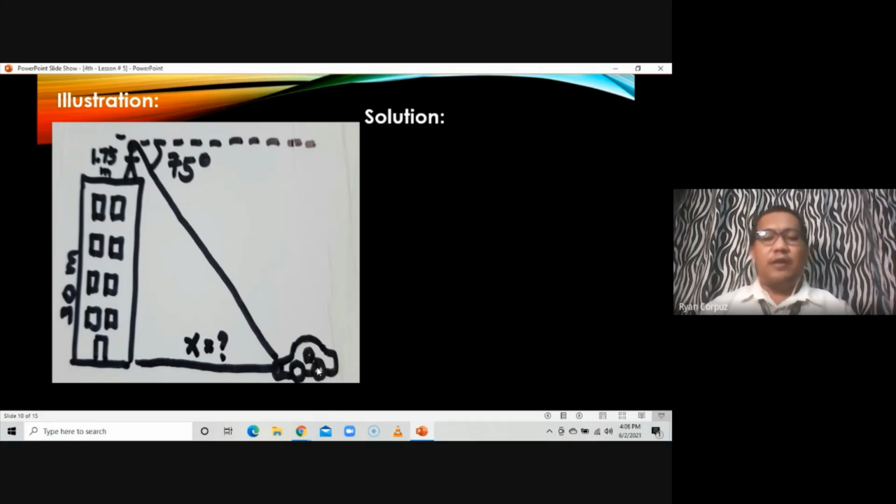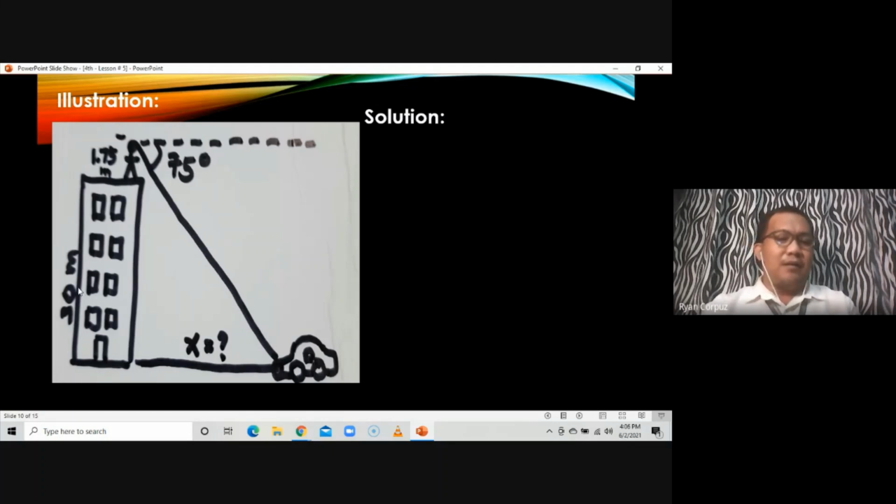So our solution is, since tangent is what we are going to use, tangent of the measure of the angle, that's tangent 75 degrees. Right away, when the measure of the angle is given, attach that measure of the angle on the trigonometric function that we will use. So that should be tangent 75 degrees, then equal to opposite. Its opposite is this side. The height of the building is 30 meters, and there is a person standing there who is 1.75 meters tall.